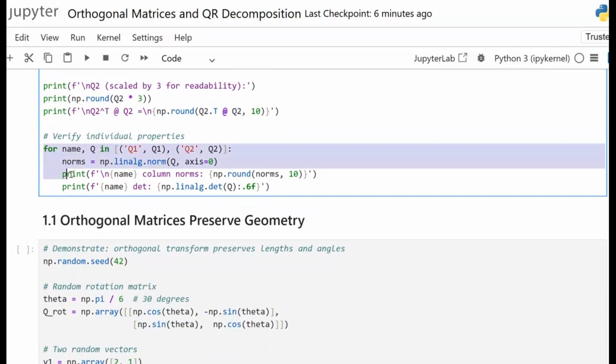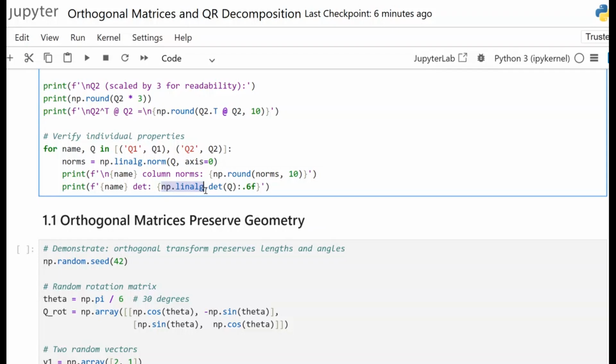And towards this loop, kindly just observe, dear friends, here we just specify axis equal to 0. Yes, this exact loop is for column norms and determinant, and axis equal to 0 computes the norms of each column vector. For orthonormal columns, each norm should equal 1.